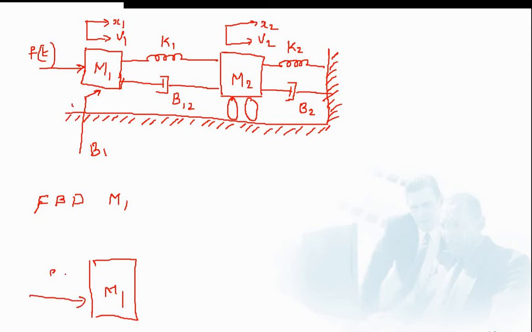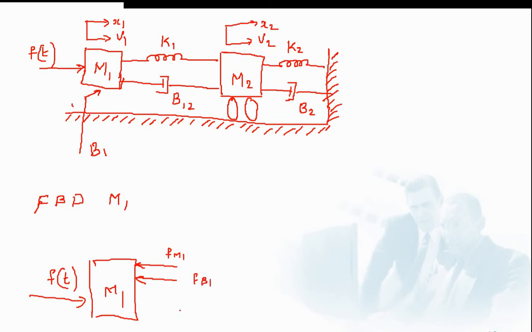You can see an external force F of t applied here. And what are the opposing forces? The opposing forces are the force due to mass M1, that is Fm1. The next force is the force due to damper B1, which is only associated with mass M1.